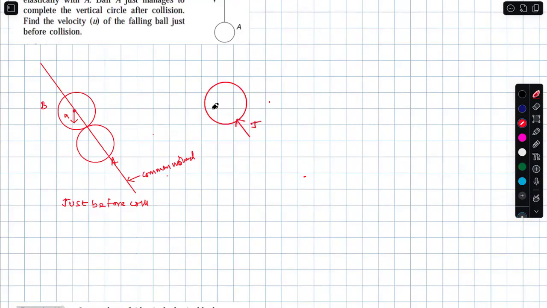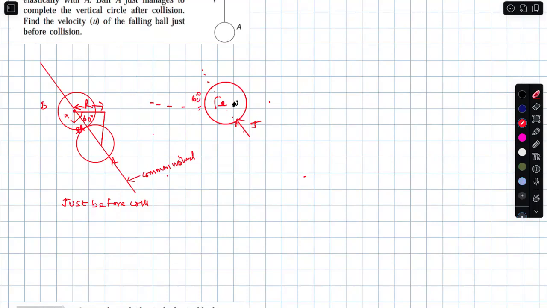That is the impulse of collision, which passes through the center. This will result in two things. By the way, you know the geometry here. This is R and this is 2R. So obviously this will become 60 degrees with horizontal.